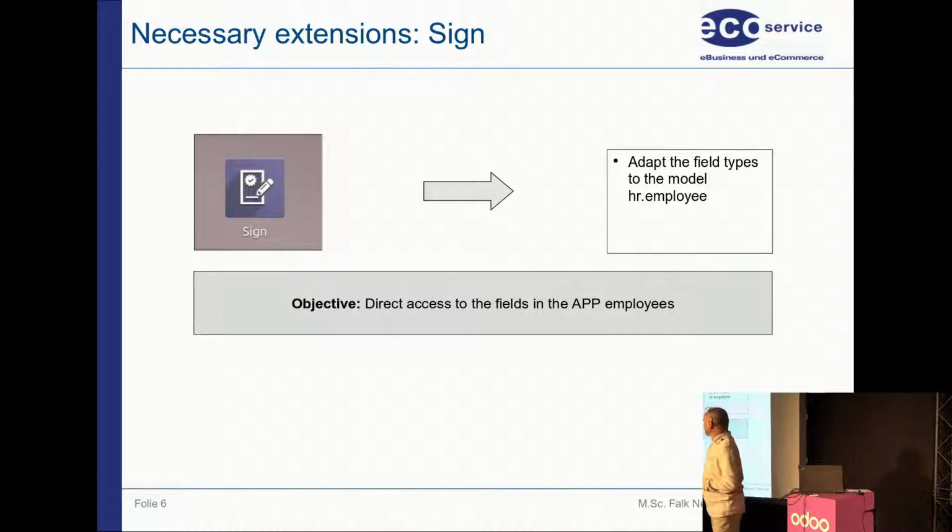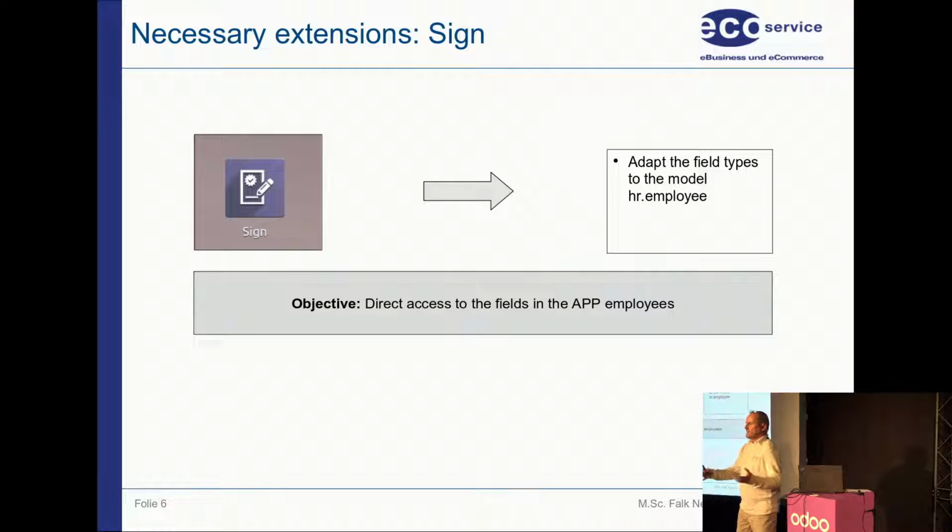We have to modify some information in this app. At first, it's a Sign app. If you write some fields in the Sign app, this information goes to the contact in Odoo. Technically speaking, it fills the model res.partner and no longer anymore in Odoo. So we have adaptive field types for the model employee, and in the future it's no problem to open these field types for all models in Odoo.